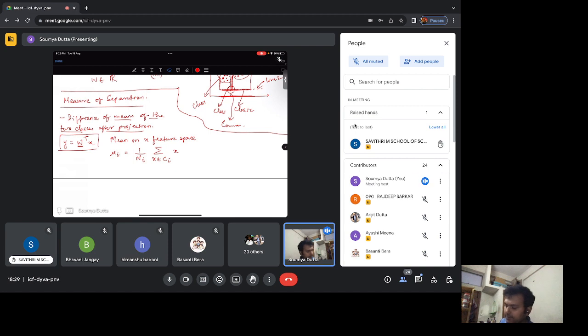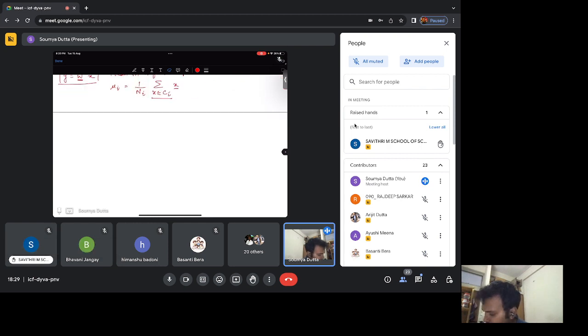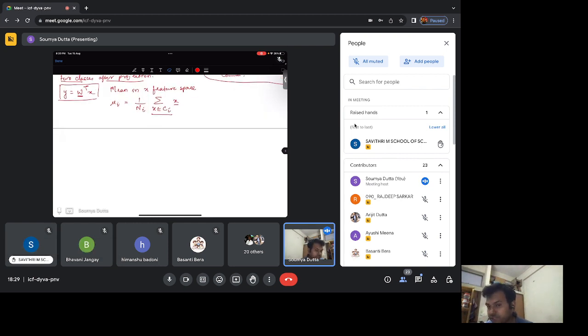So this is the class wise mean in the x feature space. We take all the points which belong to that particular class, we sum them up and take an average over the number of points which belong to the particular class in the training set. Okay, this is one. And now, however, we are projecting it, right?